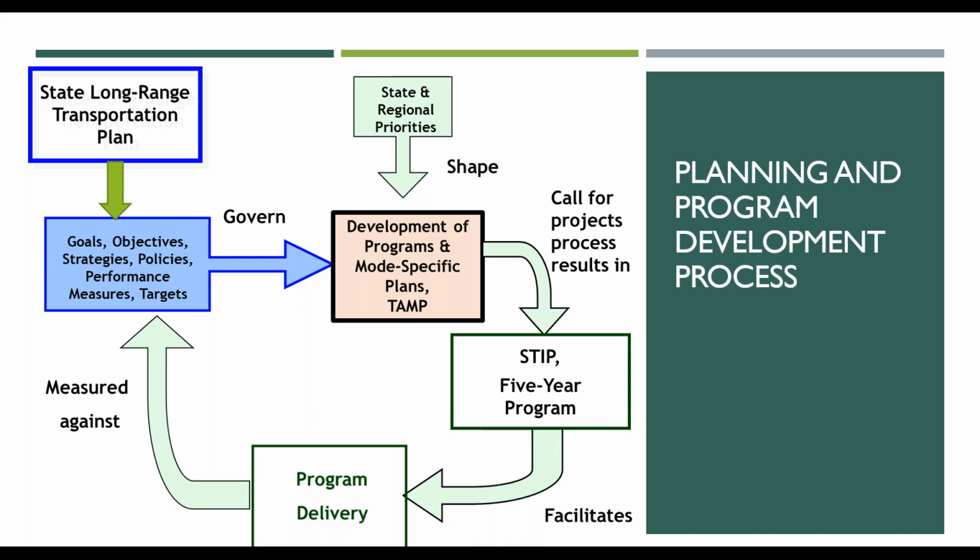After that, we have a process called the call for projects, where it's literally as it sounds: our central office puts out a call to our 7 MDOT region offices to put together a project list that will be put into the STIP, and simultaneously into a document in Michigan that we refer to as the 5-year transportation program, which serves a similar role to the STIP, but is reported to our state transportation commission and to the state legislature.